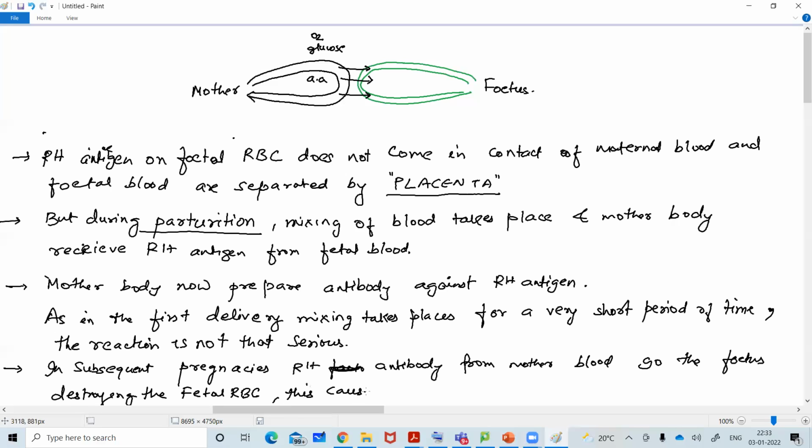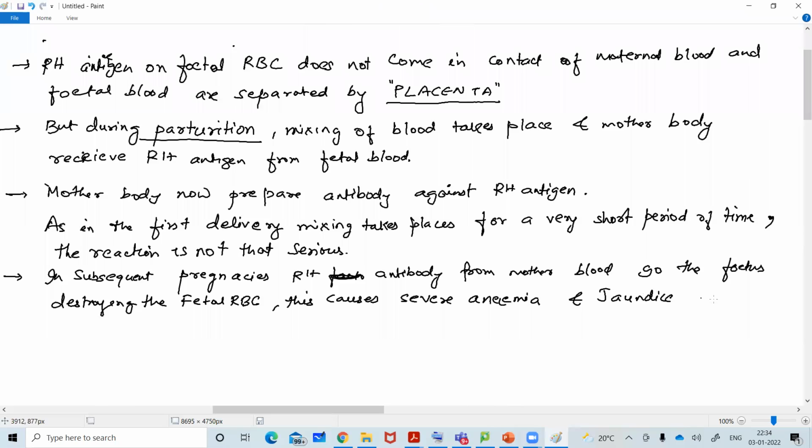This causes severe anemia. Maybe you have heard that when a child is born, the child is anemic or sometimes jaundiced. So due to this reason it can be fatal.